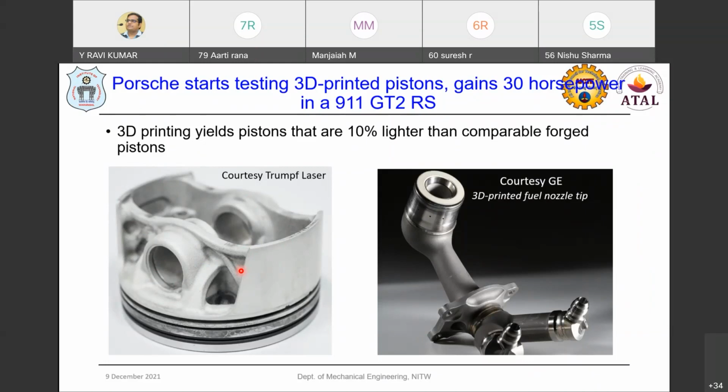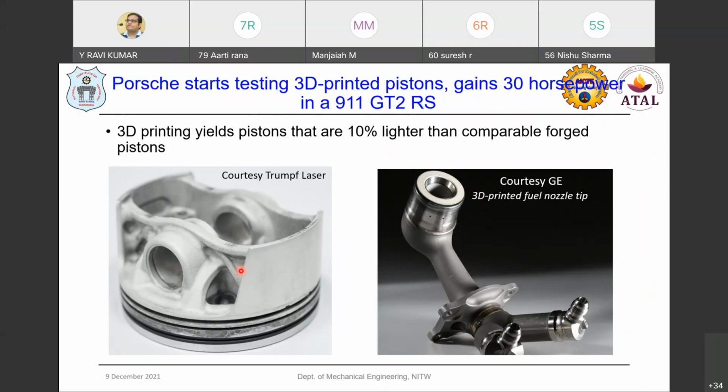It was made with powder bed fusion technology with titanium material, and this piston head is about 10% lighter compared with the piston made with the forging process.